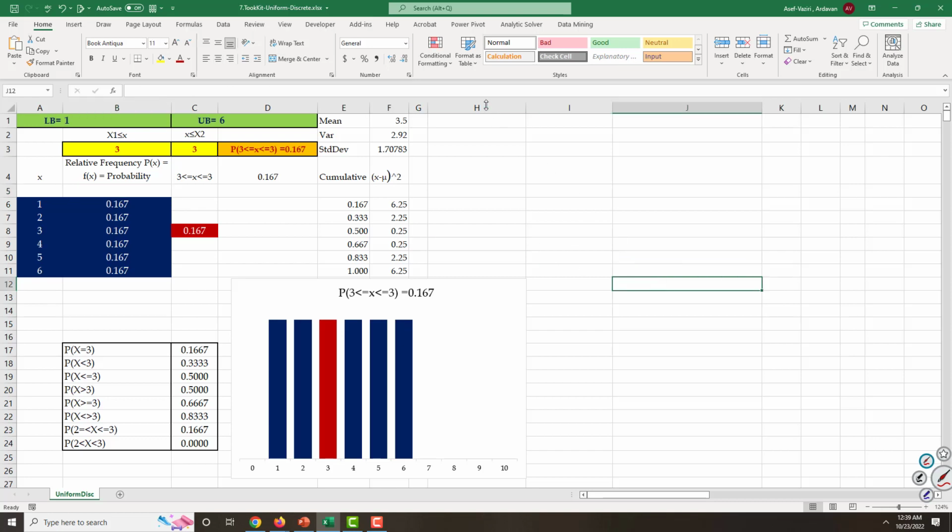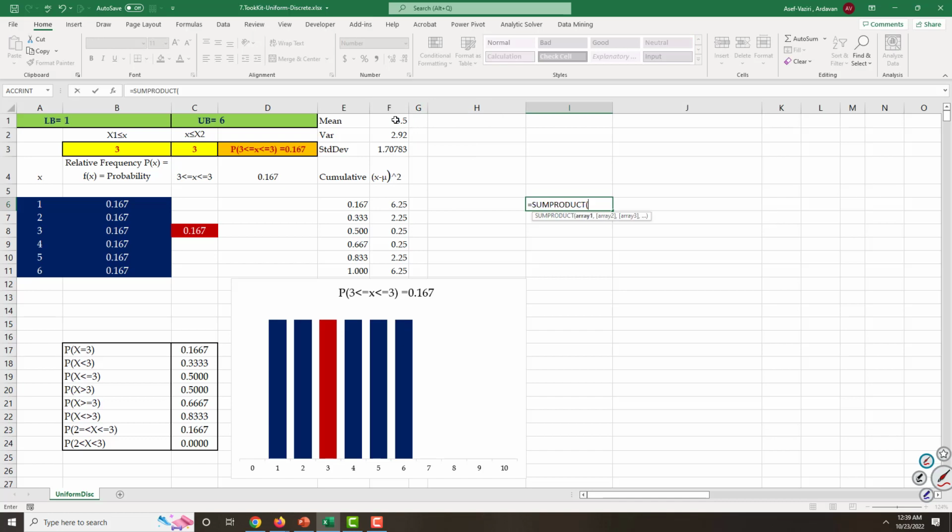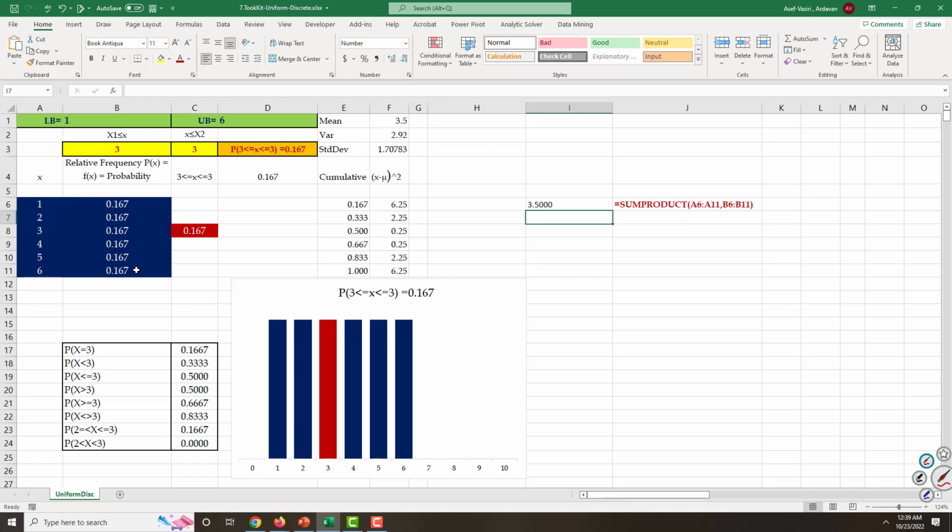What is the average of this distribution? Equal to the sum of x values multiplied by their probabilities. Or because all probabilities are equal, I can simply type average.